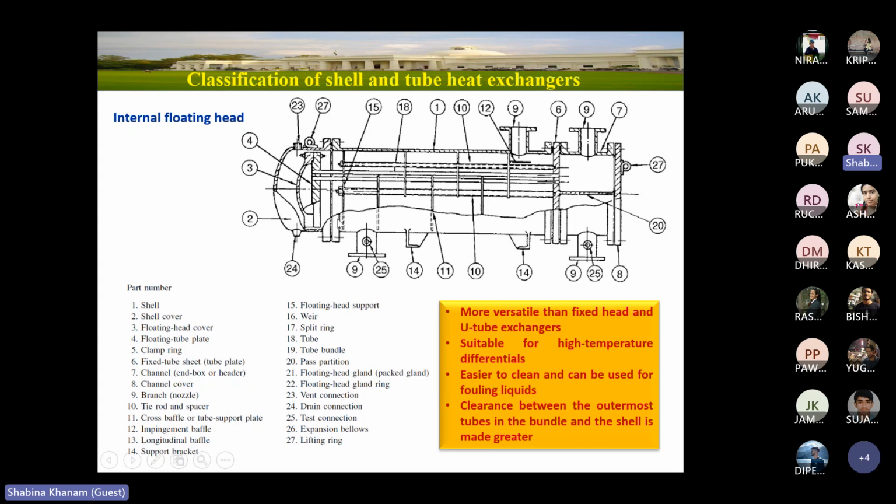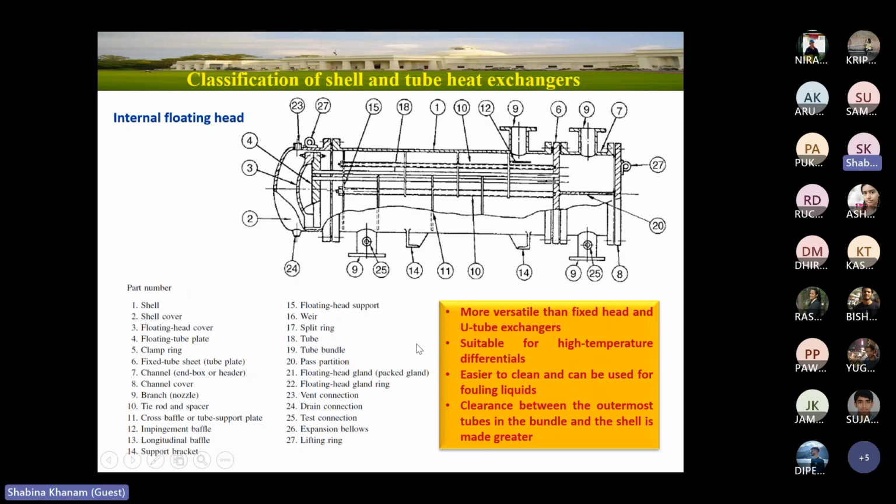The problem is this tube sheet. If you see the diameter of this tube sheet as well as this tube sheet, the diameter is different. This tube sheet has less diameter in comparison to this. However, this tube sheet will be inside the cover, which has the same diameter as the shell.